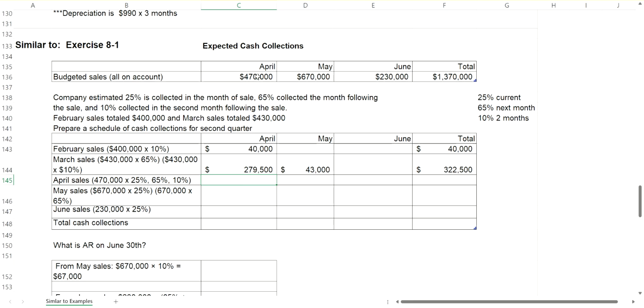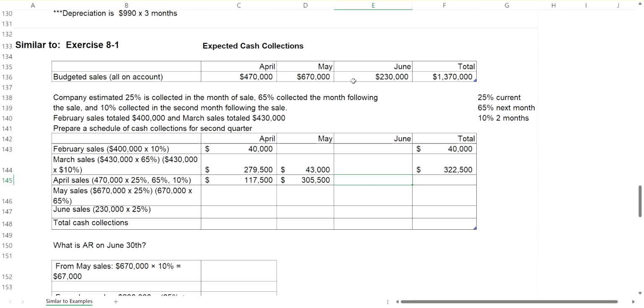Okay, next we'll go on to April sales of 470. 25% is collected in the current month. So of 470, 25% will be collected in April. 65% of April sales of 470 are collected in the next month. So that would be in May. And 10% of April sales are collected 2 months later.